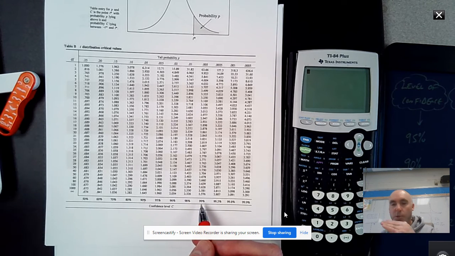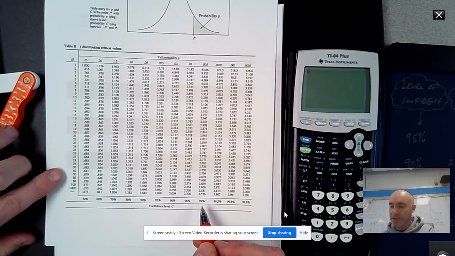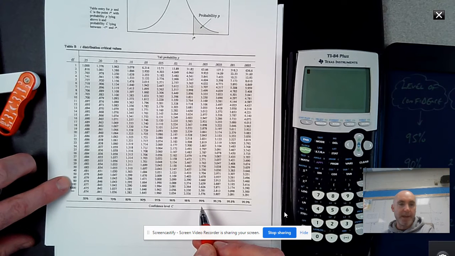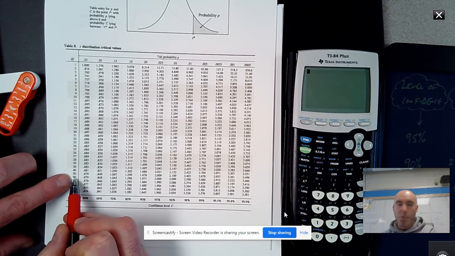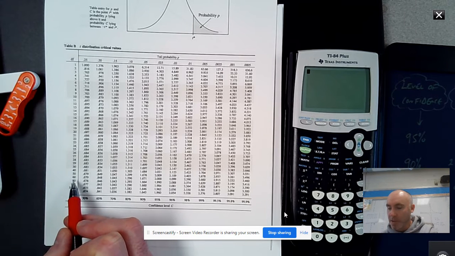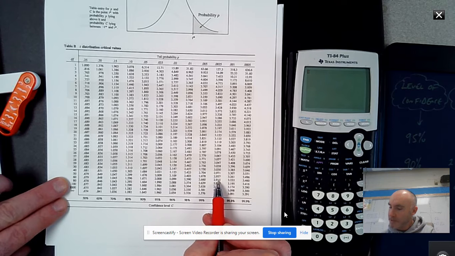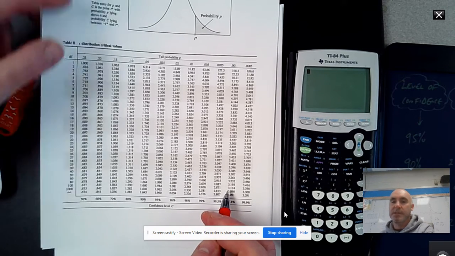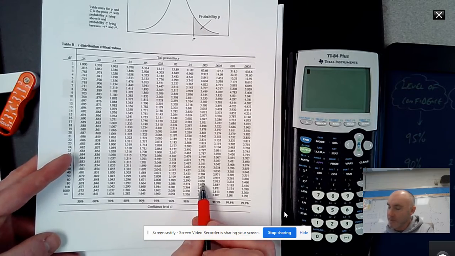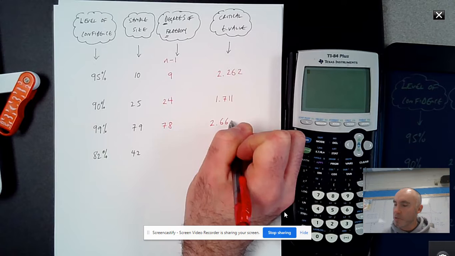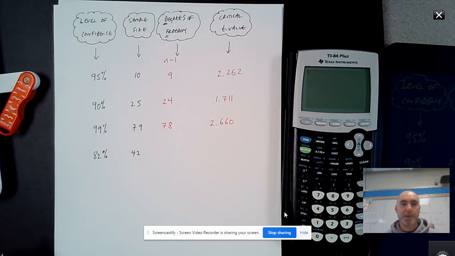So what you want to do is you always want to go to the one less than what you're shown on here. So 79 would almost be where 80 is. So instead I use the one for 60. You always want to be going down to the one below it. So reading across 60 and 99 gives me a value of 2.660. So my critical value for that will be 2.660.